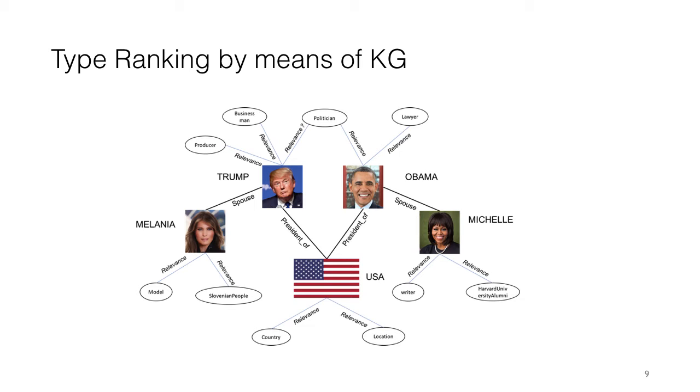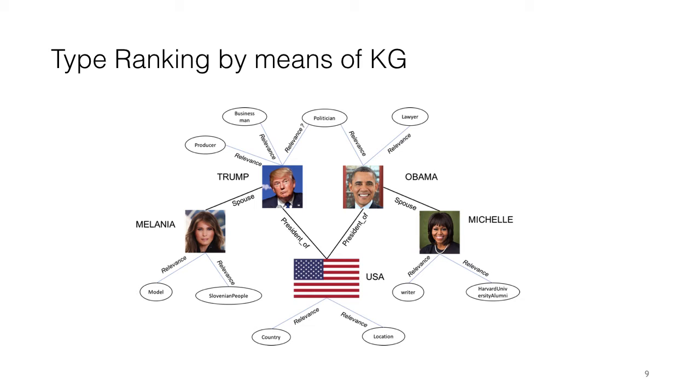Traditionally, a knowledge graph contains relational triples or facts. I already mentioned it. We introduce another property, which we call relevance, to connect entities with their most relevant types. An entity type can be considered as a distinct item or characteristic. Such an assumption helps us to define the type ranking problem using knowledge graph embedding.